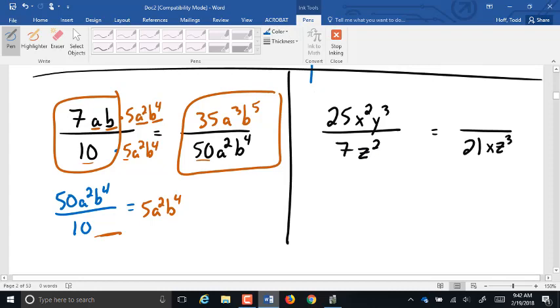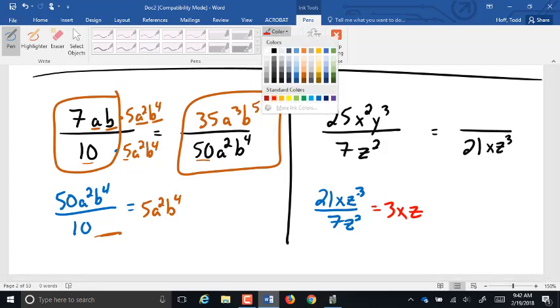So again, we have to figure out what we're going to divide by down here. So I'm going to do the 21 xz to the third divided by 7z squared. So 21 divided by 7? 3. x divided by nothing is x, and then z to the third divided by z squared is just z to the 1 or z.